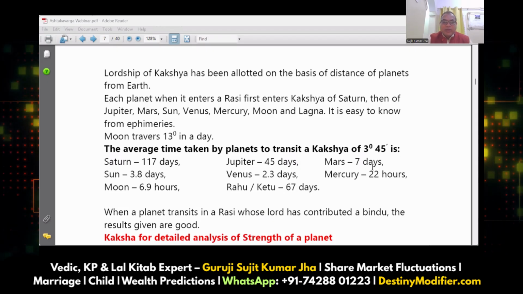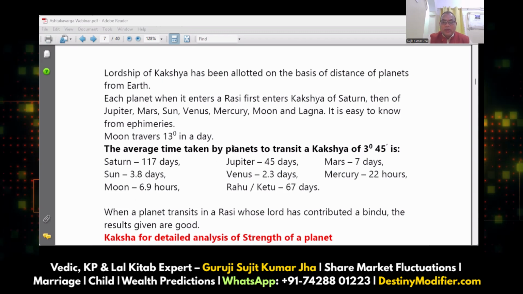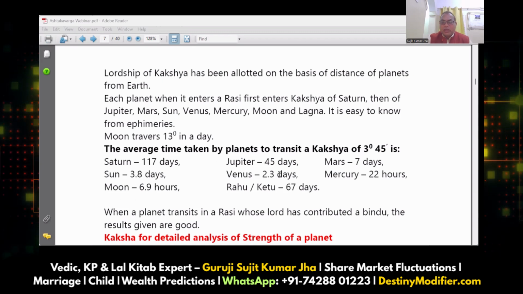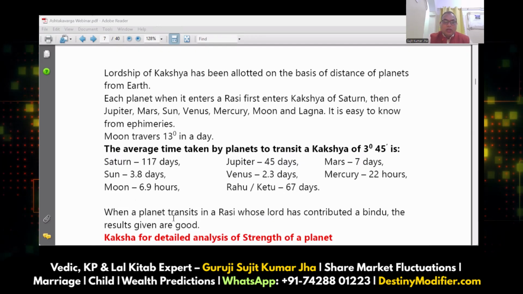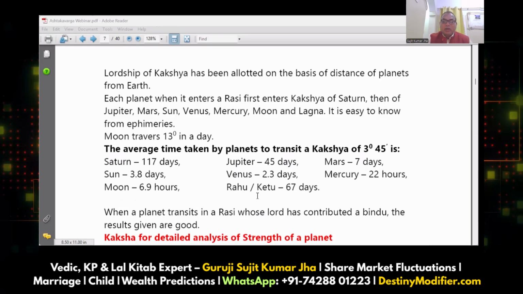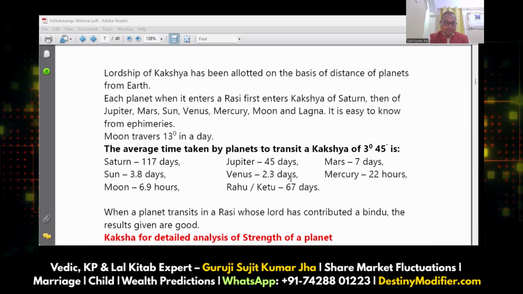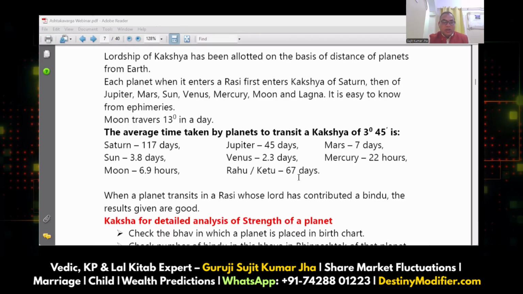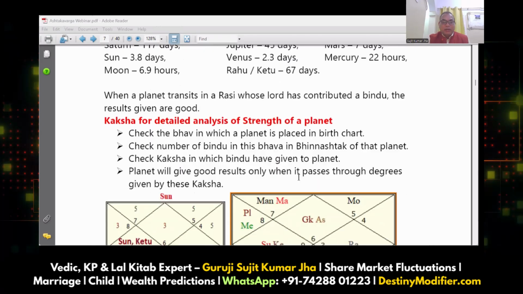Mars will take 7 days. Sun will take 3.8 days. Venus will take 2.3 days. Mercury 22 hours. Moon will take 6.9 hours. And Rahu Ketu 67 days. So all this information is required when we observe the transit of the planet.